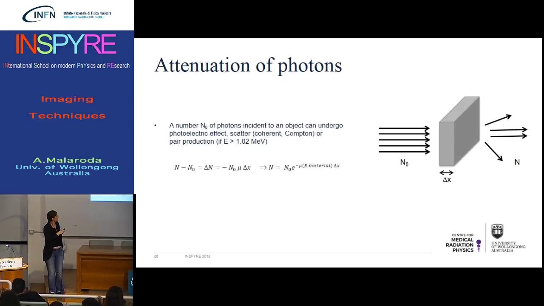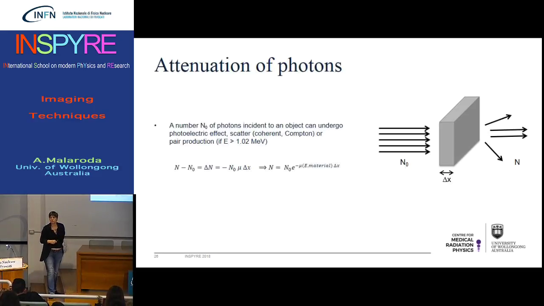If I take the difference of how many photons are exiting the slab and how many photons were incident to the slab, that number is negative, because some of the photons are going to be absorbed.